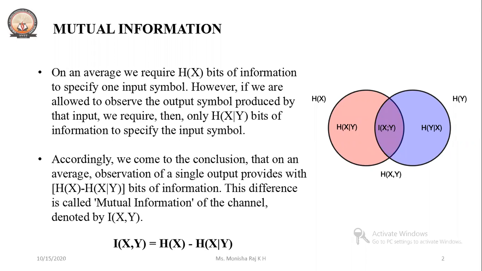Accordingly, we come to the conclusion that on average, observation of a single output provides H(X) minus H(X|Y) bits of information. This difference is called the mutual information of the channel, denoted by I(X,Y), given as I(X,Y) = H(X) - H(X|Y), as shown in figure 2.